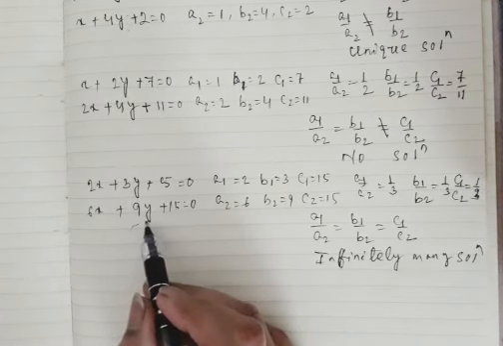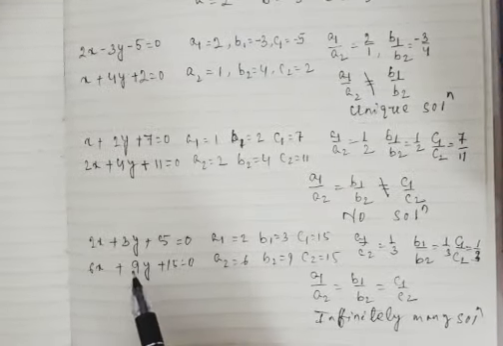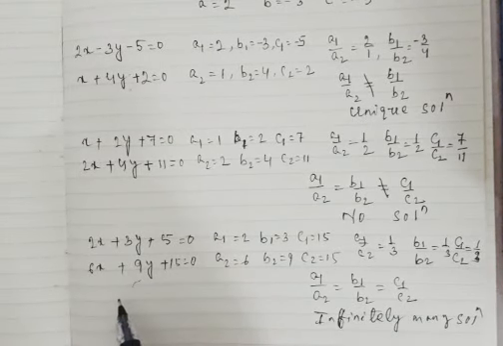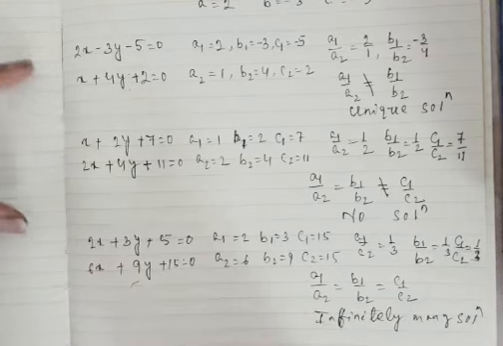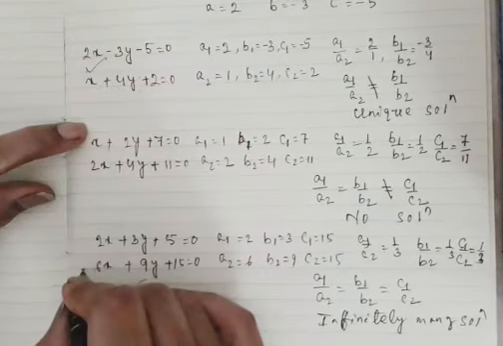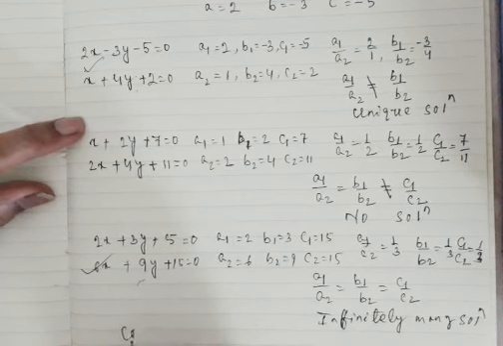Another point I want to tell you is that whenever a pair of linear equations has solutions, may be unique or infinitely many, it is known as a consistent pair of linear equations.